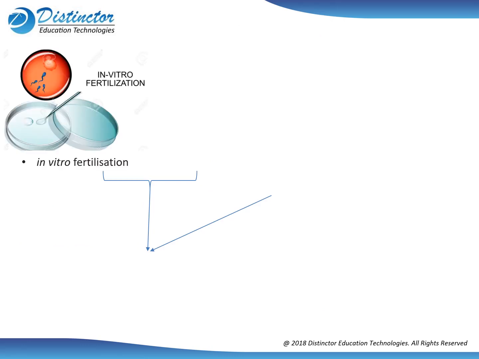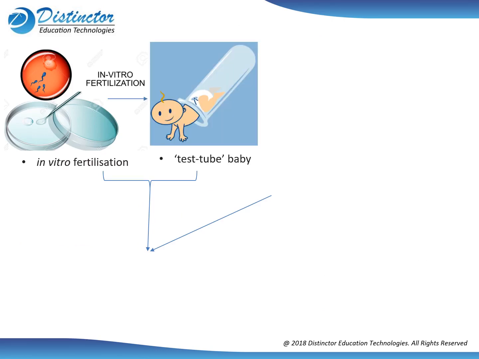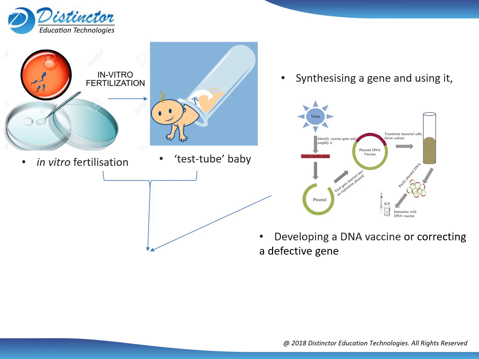Some of the techniques which come under biotechnology is in vitro fertilization. When we do in vitro fertilization, the product will be test tube babies. So we can produce test tube babies by in vitro fertilization. Next, we can synthesize a gene and then use that gene to develop a vaccine or to correct a defective gene.